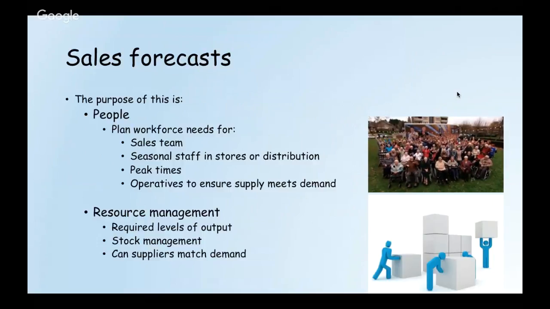This is particularly important for seasonality and for peak times. So Coca-Cola, for example, would expect to have less sales during the winter and less staff. But during the summer, and during particular peak times during that summer, we'd expect to recruit staff on a temporary basis to make sure that supply meets demand.